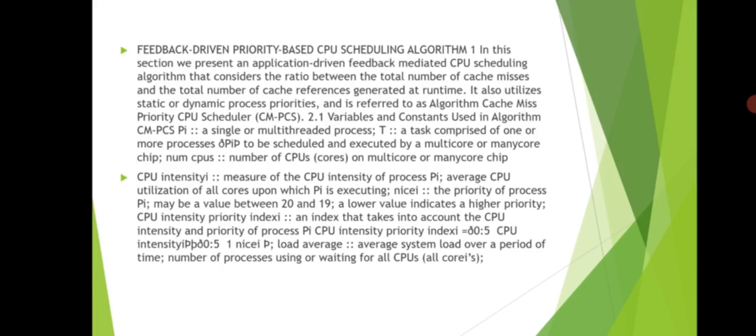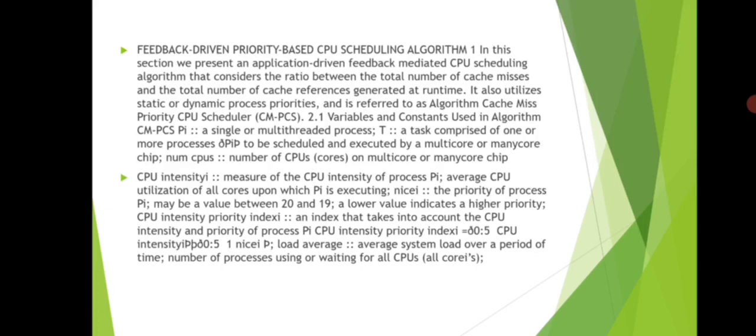Feedback driven priority based CPU scheduling algorithm. In this section, we present an application driven feedback mediated CPU scheduling algorithm, using the total number of cache references generated at runtime.